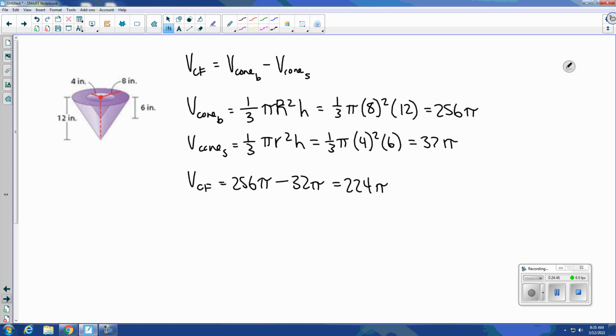And I can't stress enough, if that pi wasn't there, then you would be done at that point. You can't do anything with that any further if you're going to leave your answer in terms of pi, and this is inches cubed. We want to approximate this to the nearest tenth. We're going to do 224 times pi, which is going to get us 703.7. So there's your volume.